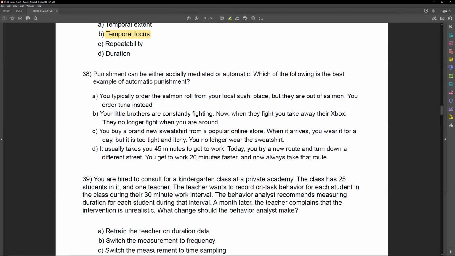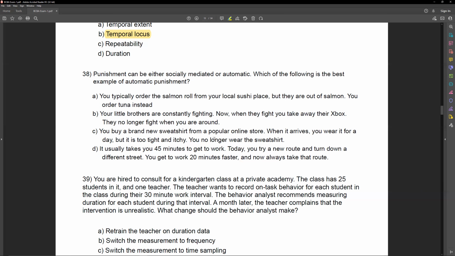Whether you do it online, whether you do it in the restaurant, there's going to be some sort of transaction where you're relying on somebody else to give you the tuna. This is not automatic, okay? And we're looking for automatic punishment, right? You're simply being put on extinction, okay? There's no salmon roll, so your reinforcement's not available, right? You order tuna instead, okay? So it's socially mediated and it's not punishment.